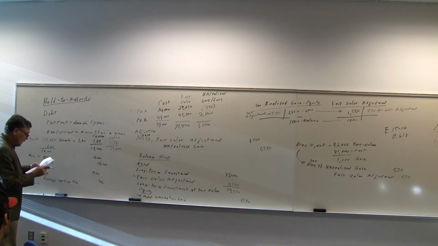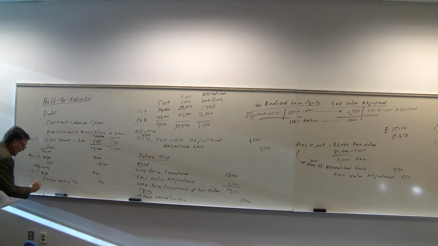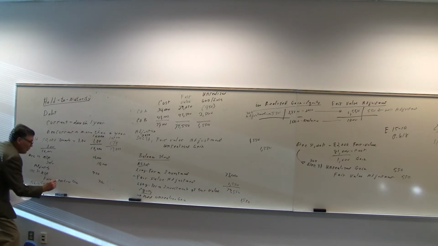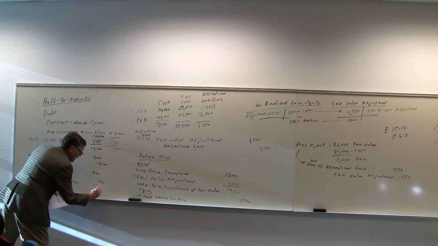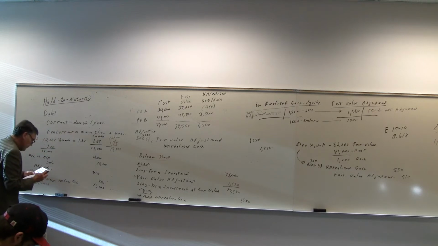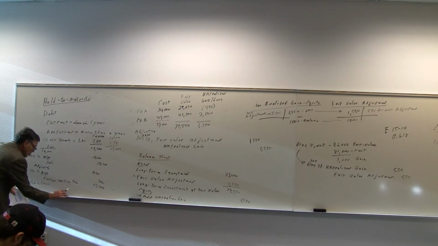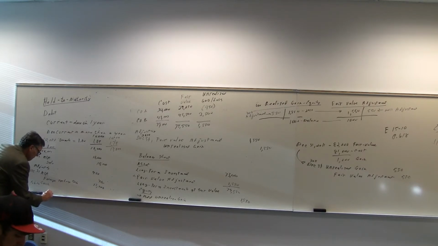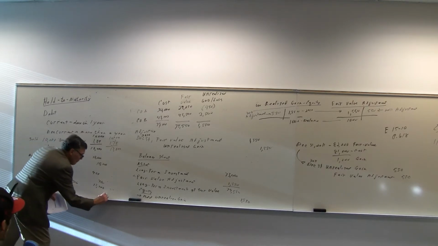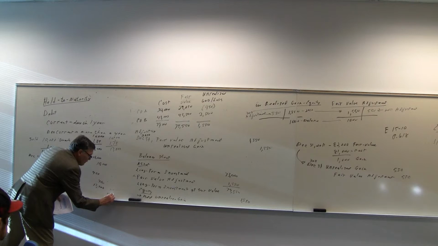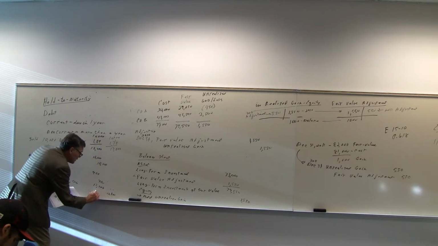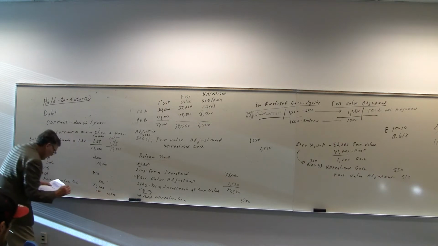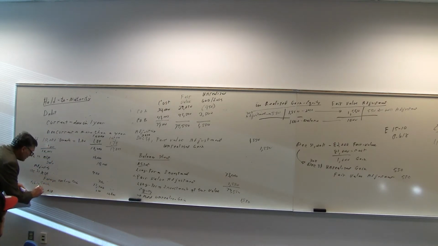So now the cash you receive will be debited for 17,800. Okay? Your accounts receivable will be credited for 18,400. That means you'll have a loss of $600. That would be a foreign exchange loss.